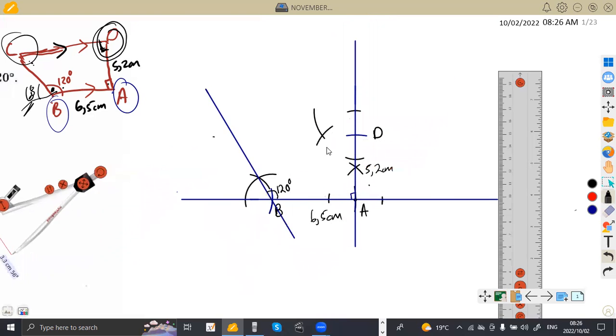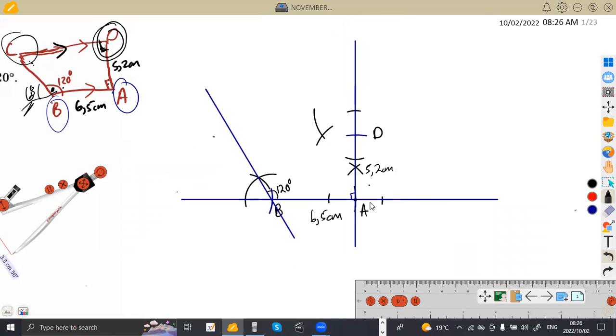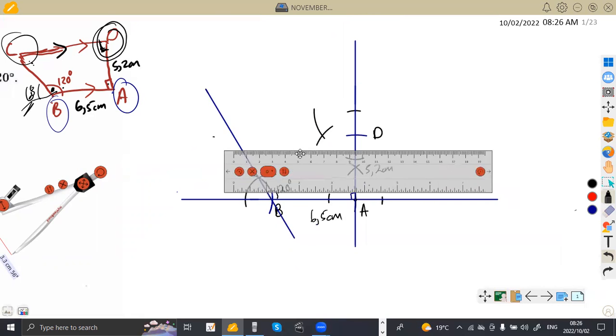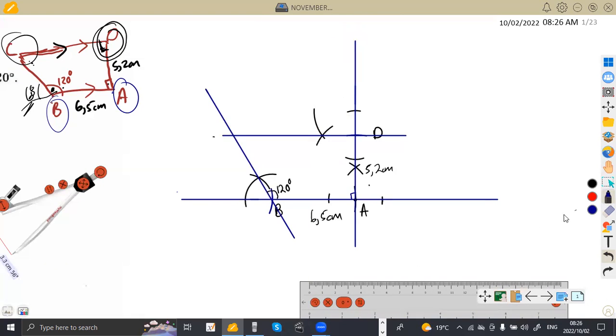Okay, so this is what you're going to have. As you can see, these two arcs meet at a certain point. Where these two arcs meet, that's where we are going to join now with D. So that's why I'm saying D is your reference point. By just joining these two, we have created a line which is parallel to this line AB.